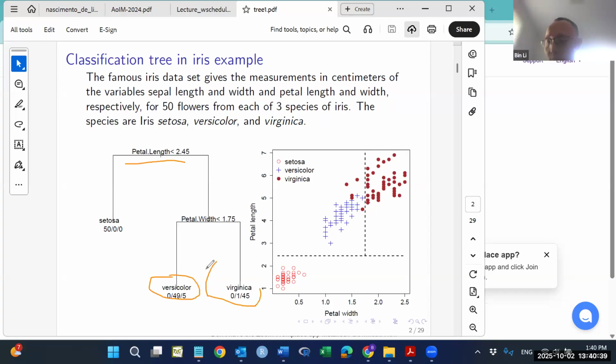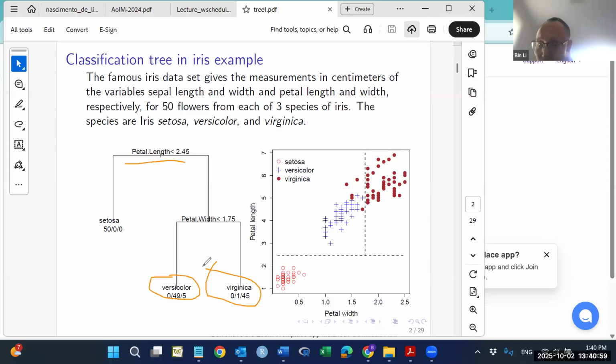Otherwise, it's virginica. You see that? This model can be easily translated to if, else, then language. That is very logical, and easy to express and interpret.